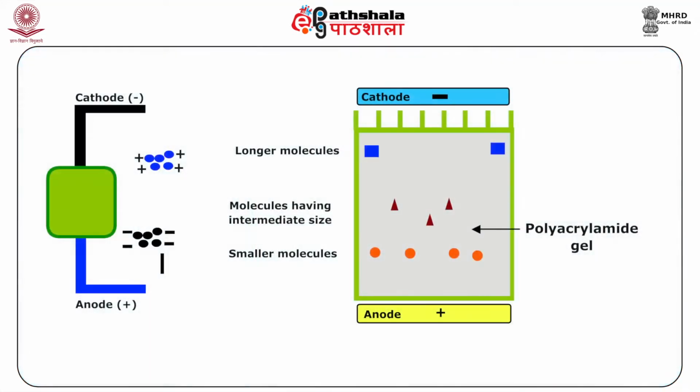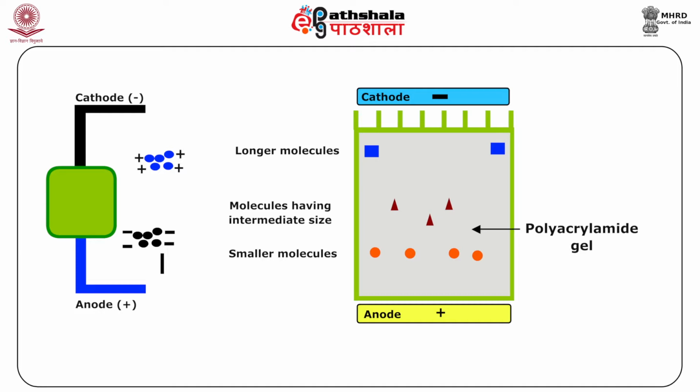The net charge is determined by the number of positive and negative charges in the molecule. In contrast to proteins, which can have either a net positive or a net negative charge, nucleic acids have a consistent negative charge imparted by their phosphate backbone, and therefore they migrate towards the anode.